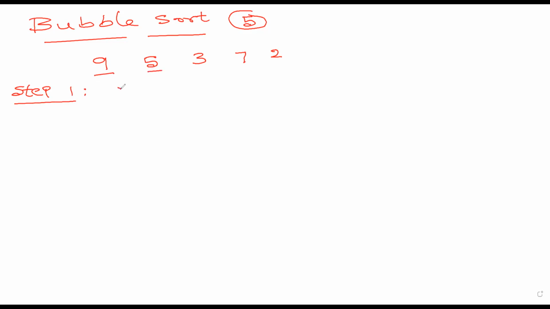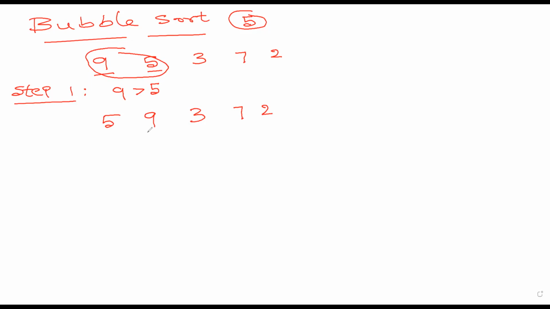At 0th position we have 9 and at first position we have 5. 9 is greater than 5, so we have to swap these two elements because we are arranging in ascending order. After swapping those two, we got this one: 5, 9. There is no change in the remaining part of the array. So the comparison of the 0th position element with the first position is completed.